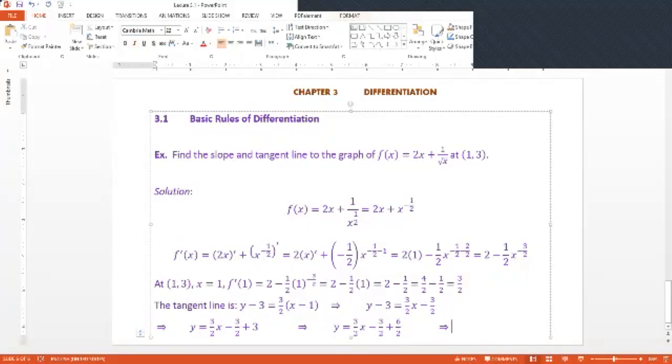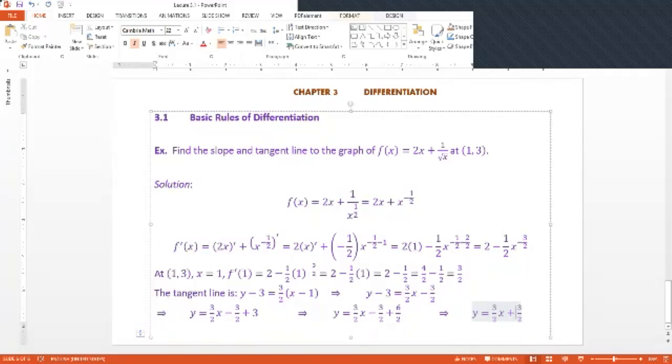So just combine -3/2 and 6/2. So we get -3 plus 6 on the top. So that's +3 and 2 in the denominator. So it becomes y equals 3/2 x plus 3/2. So that's the final answer.